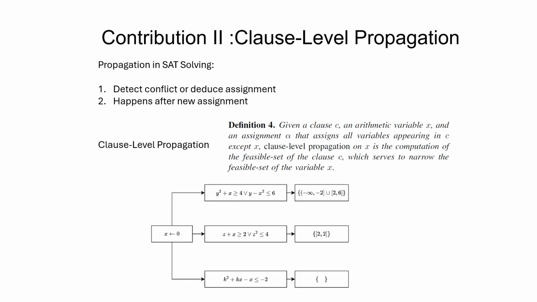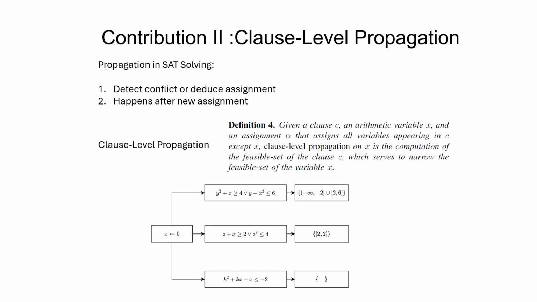Here we introduce a new kind of propagation called clause level propagation. We know that in SAT solving, propagation is used to deduce some new assignment or to detect a conflict clause. This only happens after a new assignment.